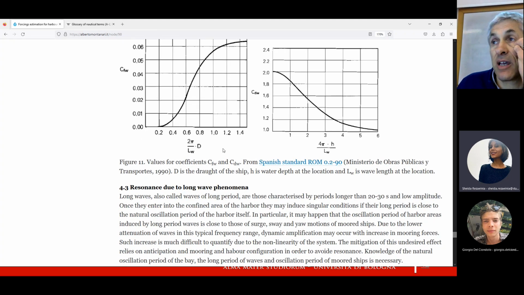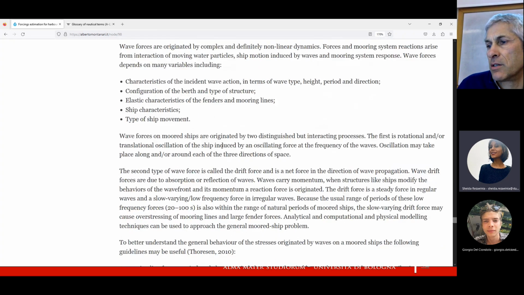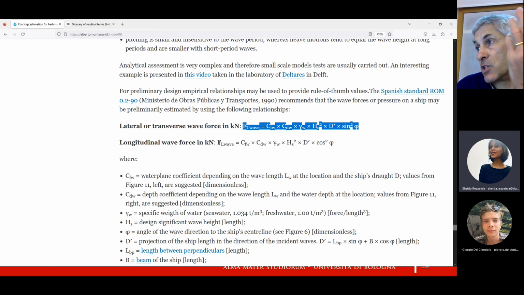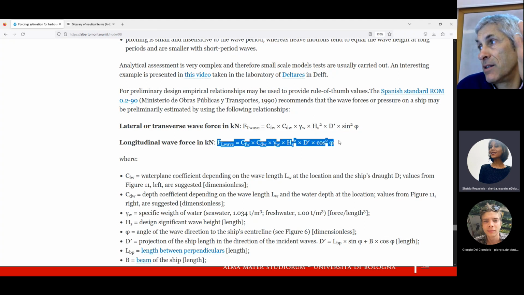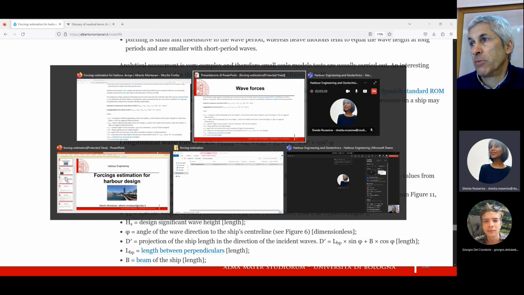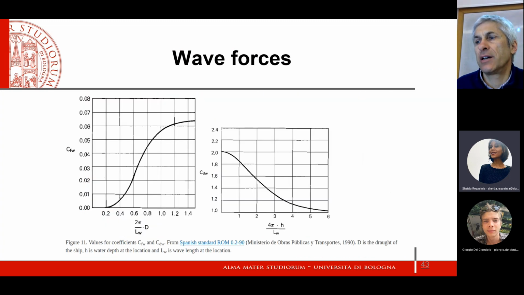If you just try to make an effort to remember the structure, how this formula is structured. And the longitudinal wave force is similar. It's the same formula with the sine exchanged with the cosine. So it's more or less similar. I go back here. And that's it for wave forces. The two abacuses are here. Good. I didn't remember that I put them here.